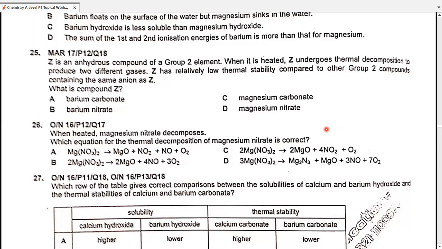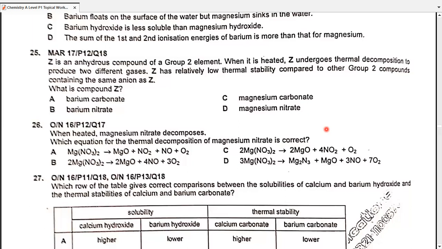Two different gases. I think D. Nitrate can produce two different gases. Carbonate definitely produces only one gas, carbon dioxide. Nitrate produces nitrogen dioxide along with oxygen. So as soon as we see two different gases, it's definitely a nitrate.